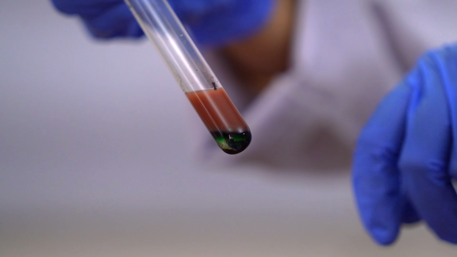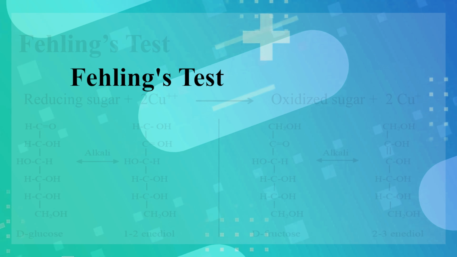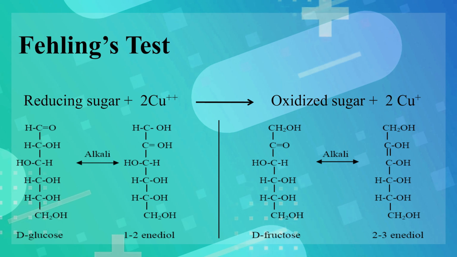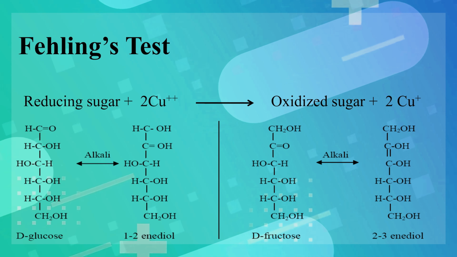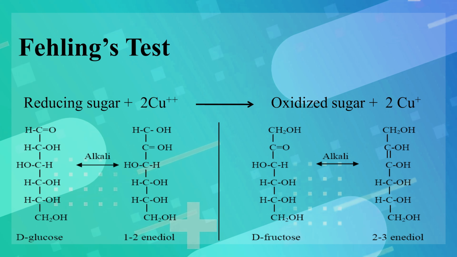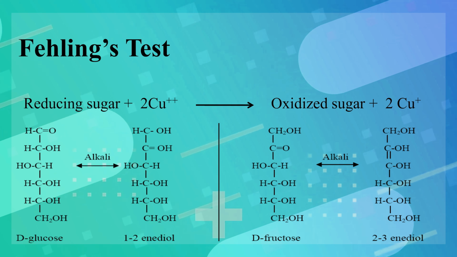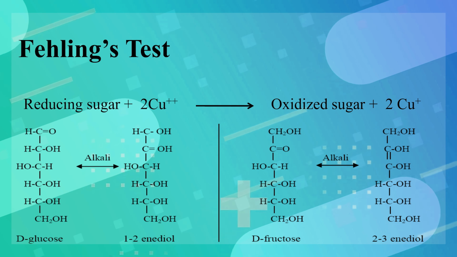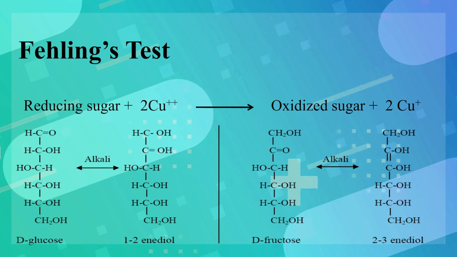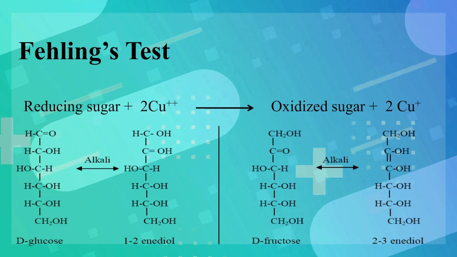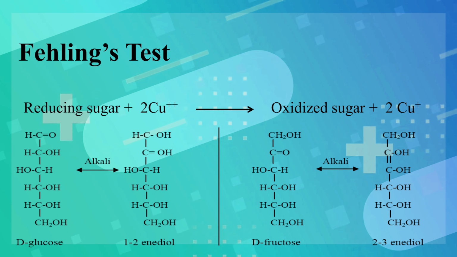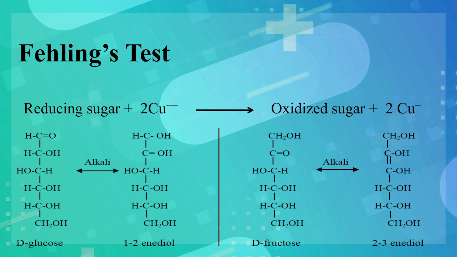in it. Fehling's test. So Fehling's test was developed by German chemist Hermann von Fehling in 1849. Sugars with potentially free aldehyde or ketonic group will be able to reduce the metal ions under alkaline condition, and these reducing sugars will produce enediol in alkaline solution.